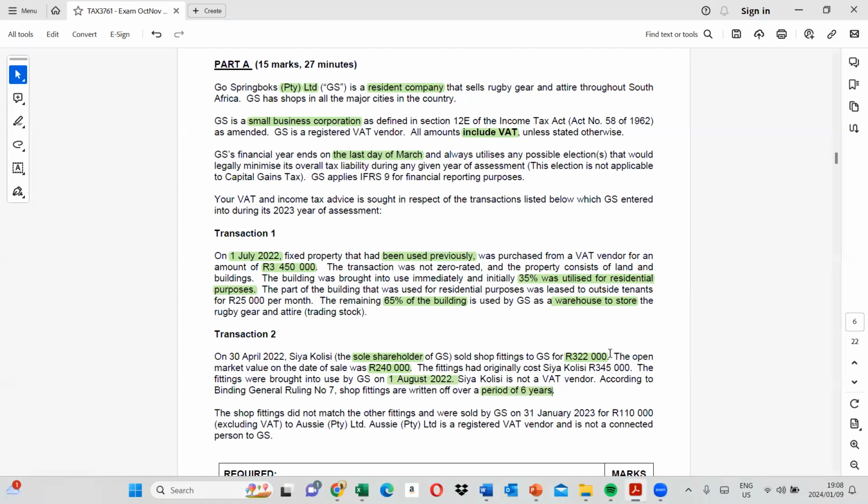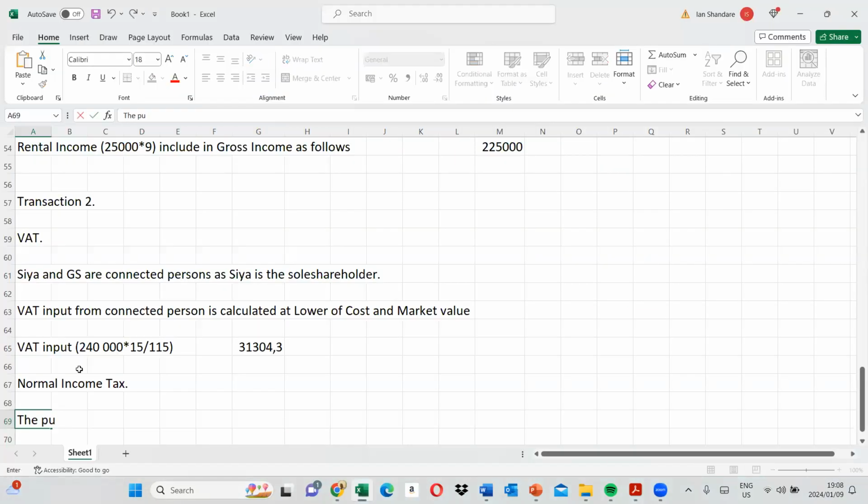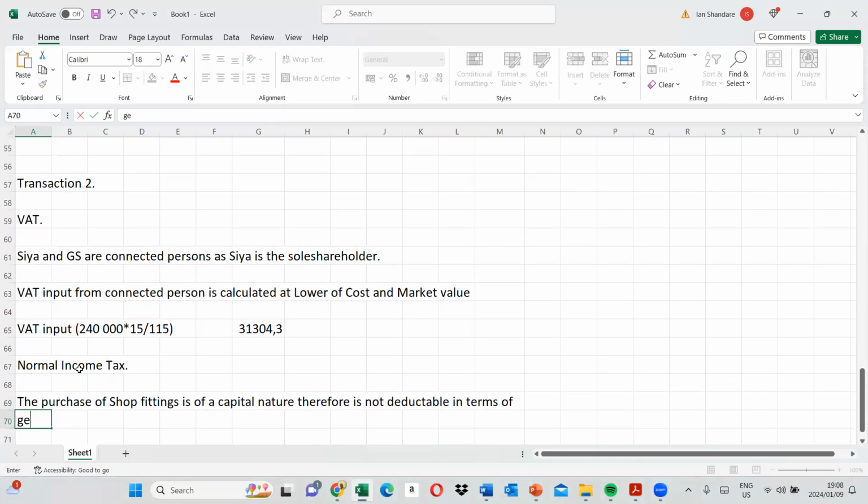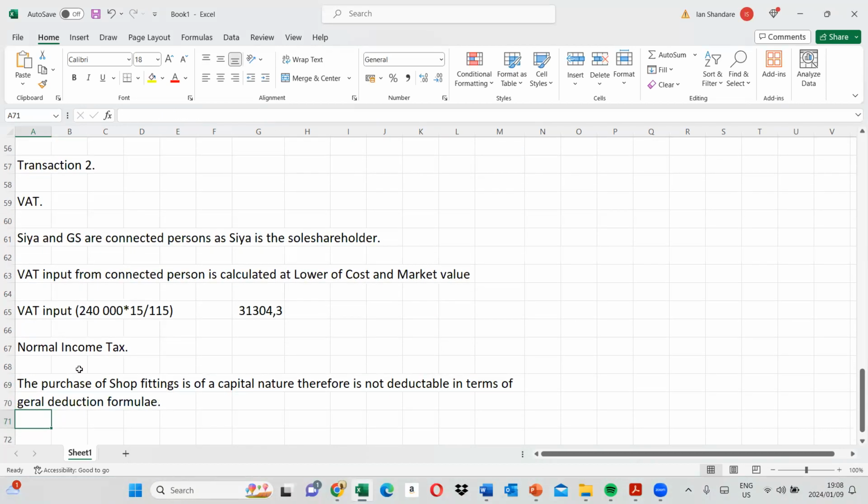So there's a lot of things now that you have to look at. The first thing, remember we just bought shop fittings. The purchase of shop fittings is of a capital nature, therefore it is not deductible in terms of the general deduction formula.